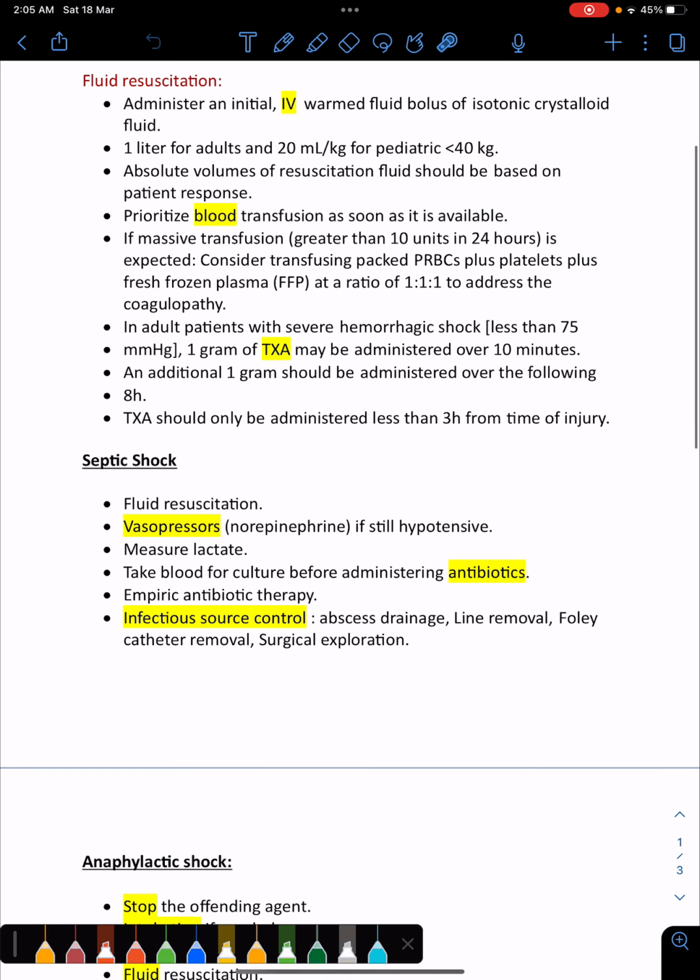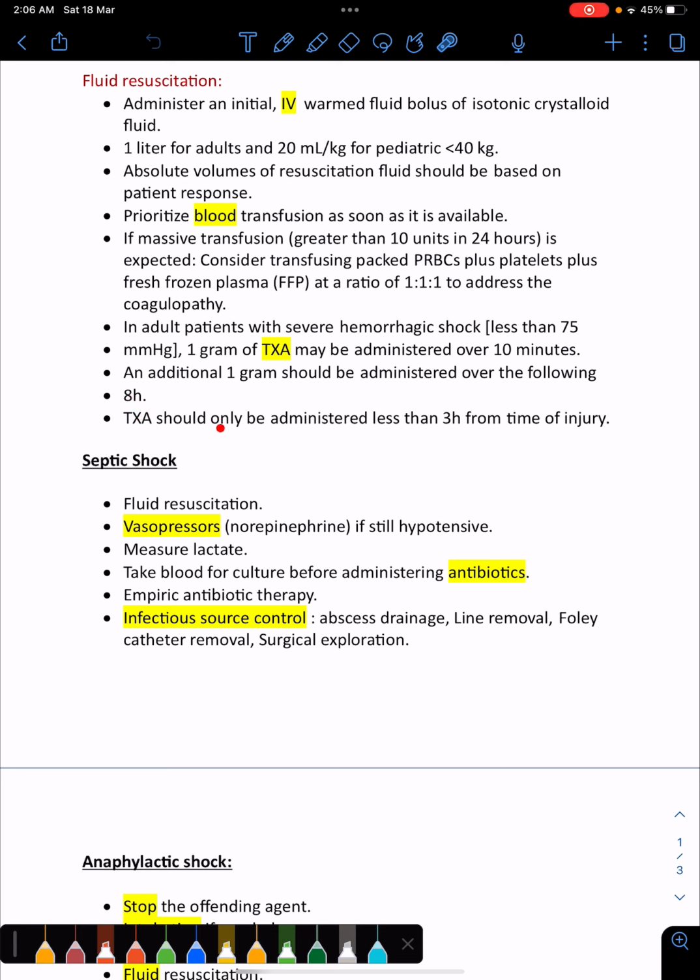The other thing is TXA. I forgot its name, but it is an acid called tranexamic acid or something like this, and it helps to stop the bleeding. It is administered over 10 minutes, and then an additional 1 gram should be administered over the following 8 hours.